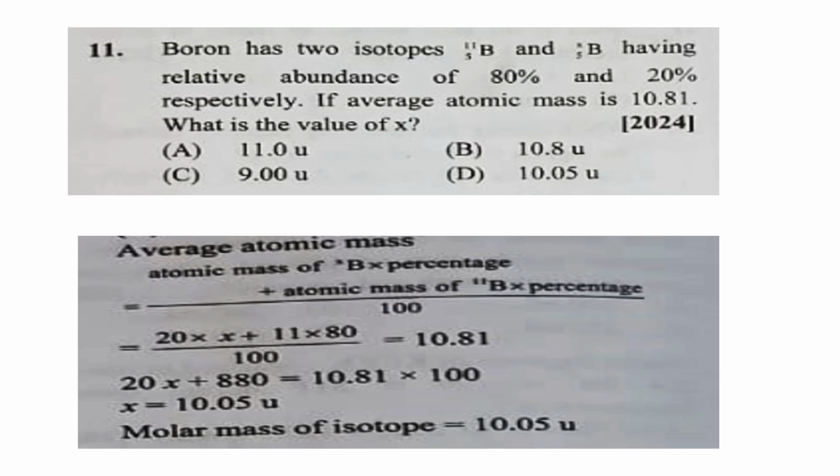Then one atomic mass is given and its percentage abundance is asked, that is the value of X. By putting the values, after calculation we get the value X is equal to 10.05 U. That is the value of X, and option number B is the correct one for this.